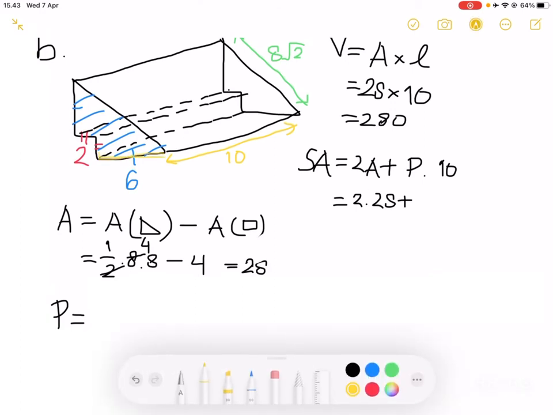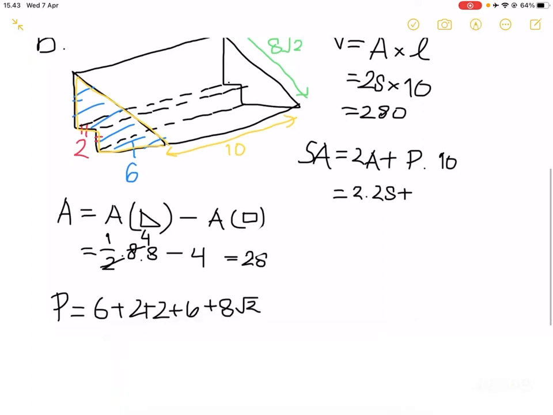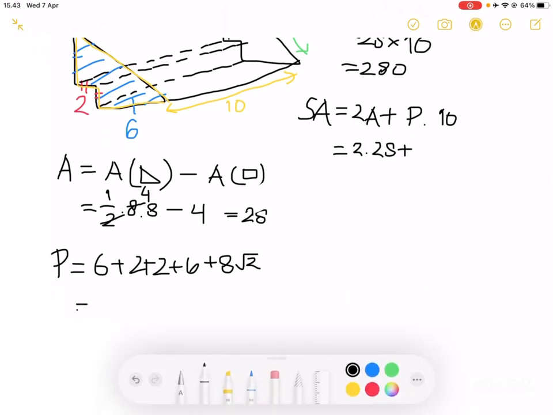The perimeter of the base of this figure will be 6 plus 2 plus 2 plus 6. And then after that we need to add this length, which is 8 times square root of 2. And that will be 16 plus 8 times square root of 2.